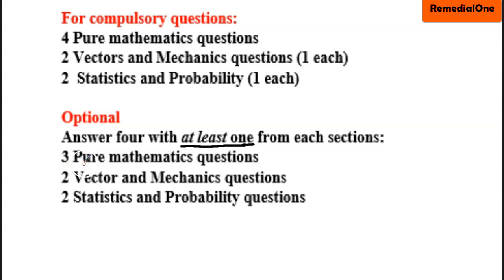I mean, let me explain. For example, you answer 2 questions from pure mathematics, and then you answer 2 questions from vectors and mechanics, which means that you did not touch the 3rd session, which is statistics and probability, and each question is worth 13 marks.